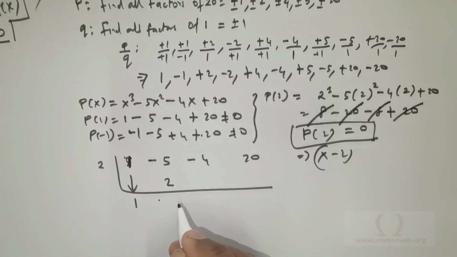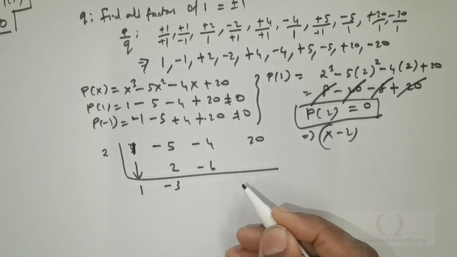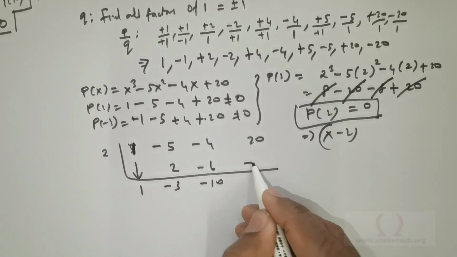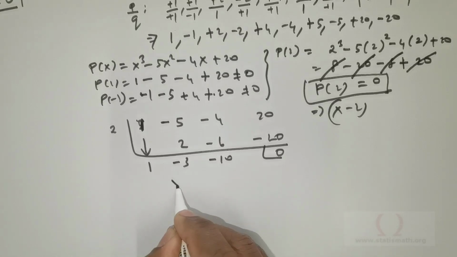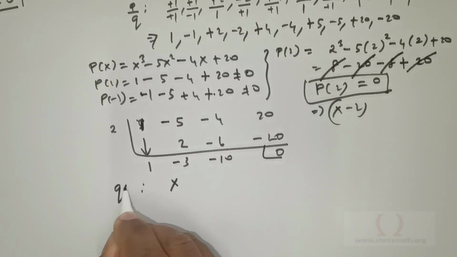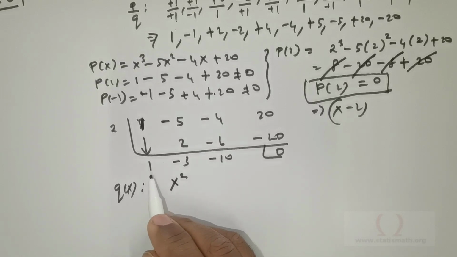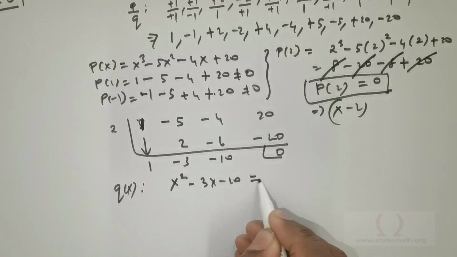I add these together, which gives me -3, then -6, and -10, and this is going to be -20. So this is clearly 0, so the remainder is 0. The quotient is, since we started with x cubed, x squared, -3x, -10, equal to 0.